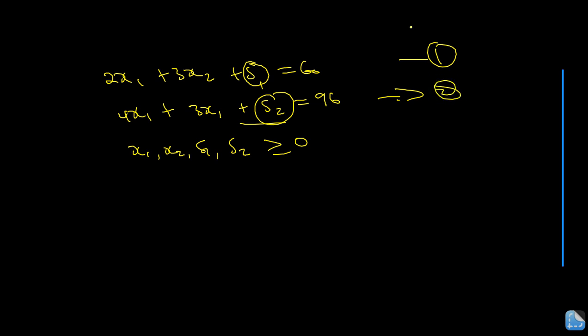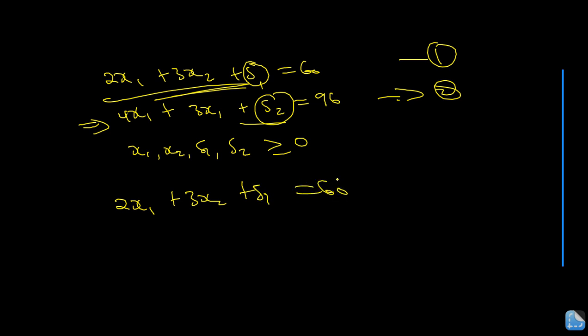When writing our standard forms, especially for the second and third constraints if you have more than two, we write 2x1 plus 3x2 plus s1 is equal to 60.